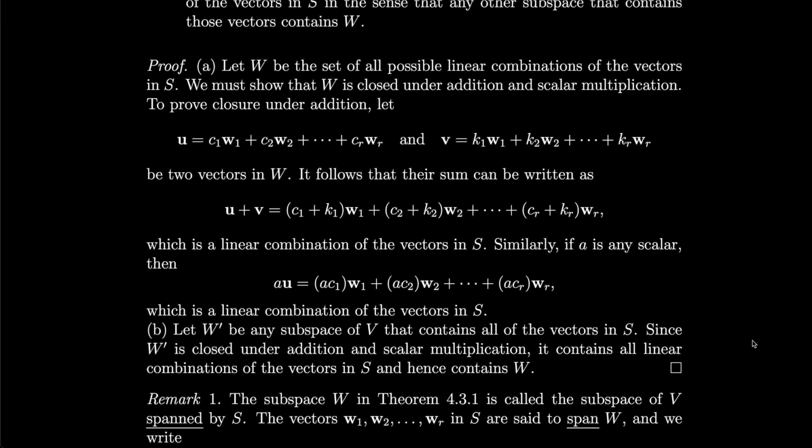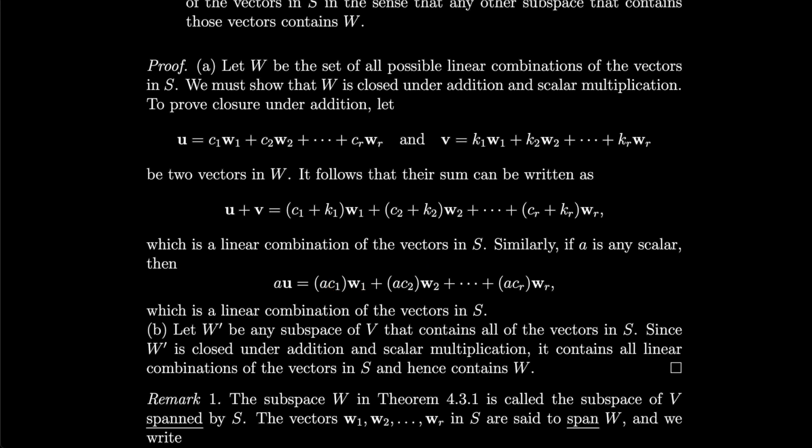If we take u plus v, remember that's just the sum of some linear combination of all the w's and some other linear combination of all the w's, then we'll add up the two different constants for each of the coefficients, and we'll end up with a linear combination of the vectors in S. Similarly, if a is any scalar, then a times u would be a times c1w1, and then c2w2, and so on.